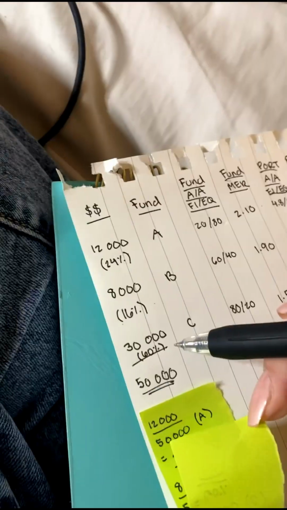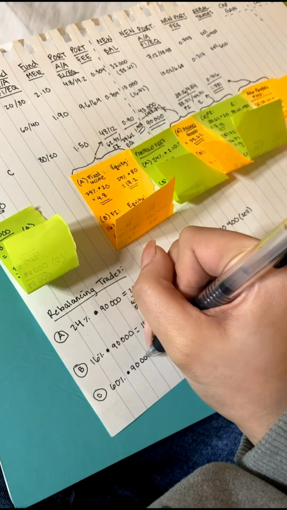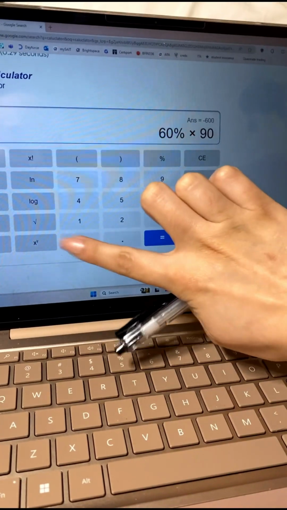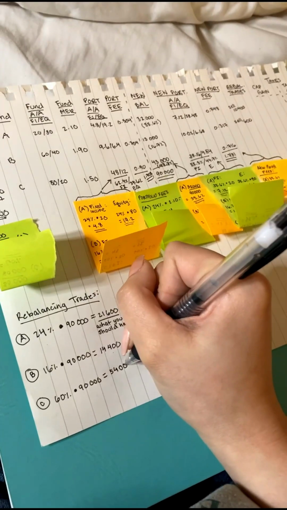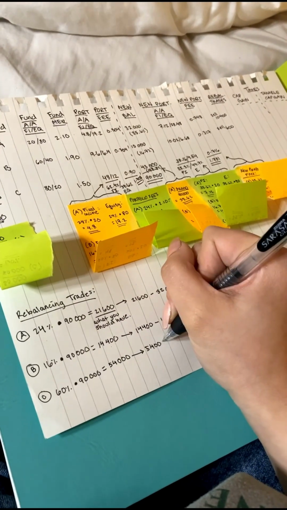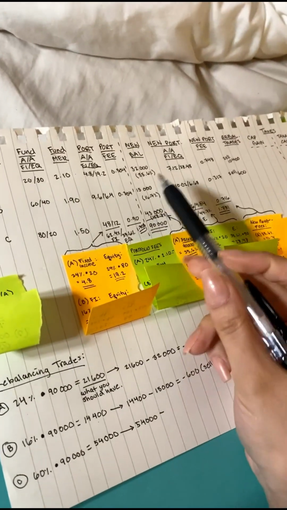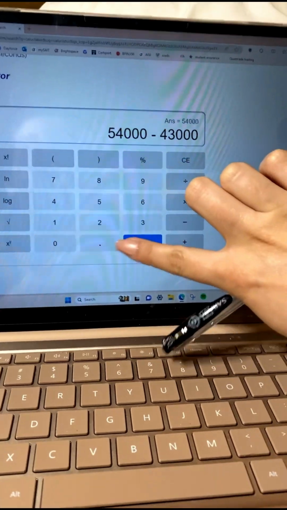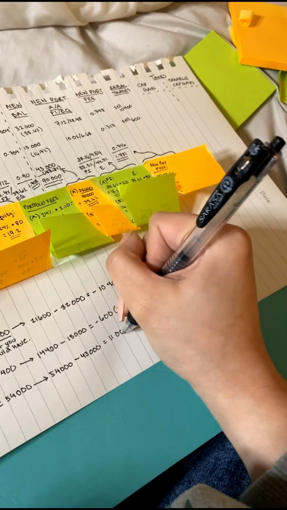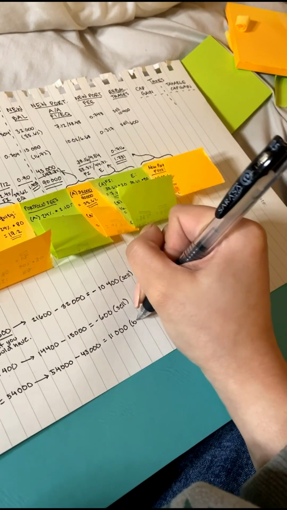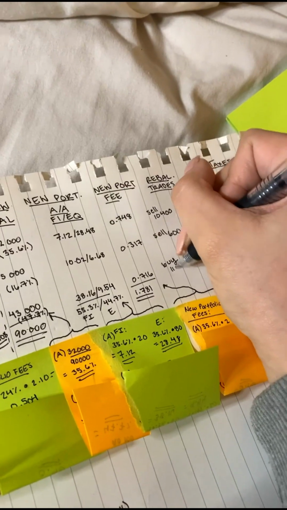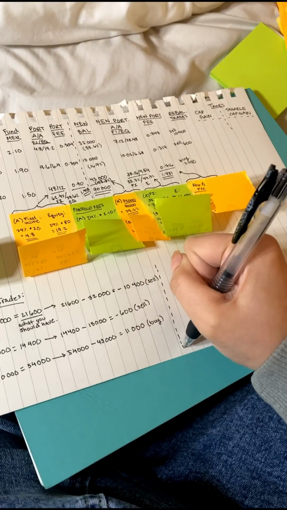For C, take your 60%, times your 90,000 again, 54,000. 54,000 what you should have minus what you do have, which is 43,000. Positive 11,000, so this is a buy. Buy 11,000.